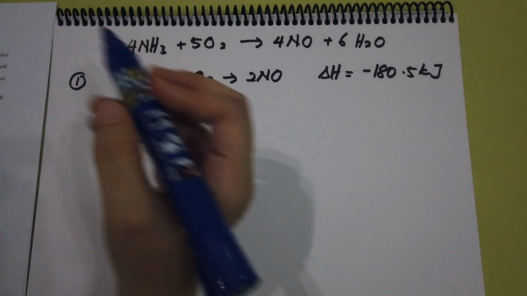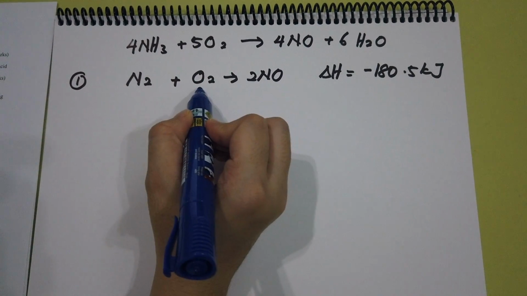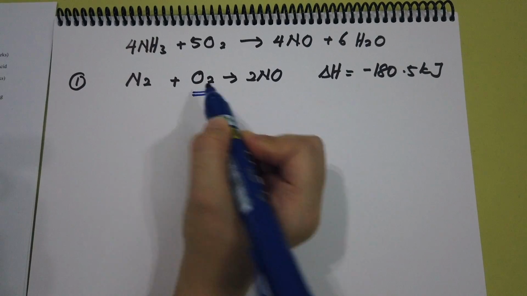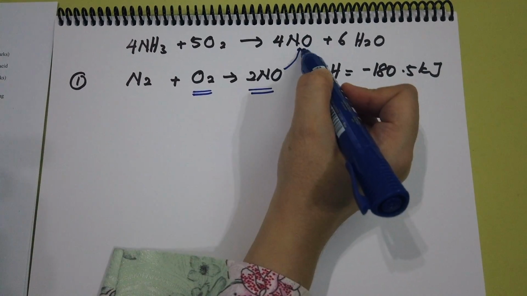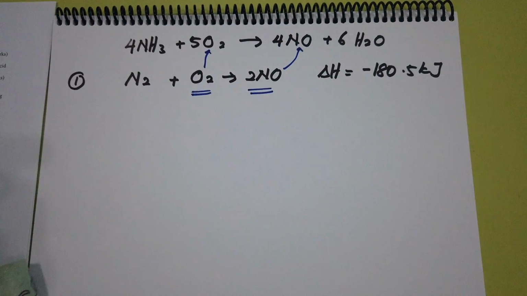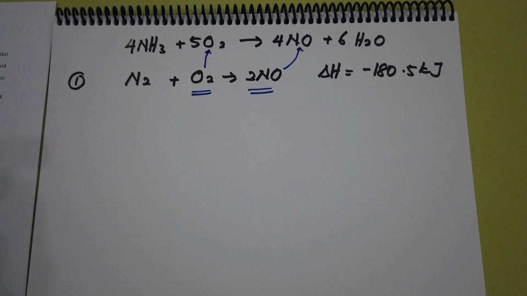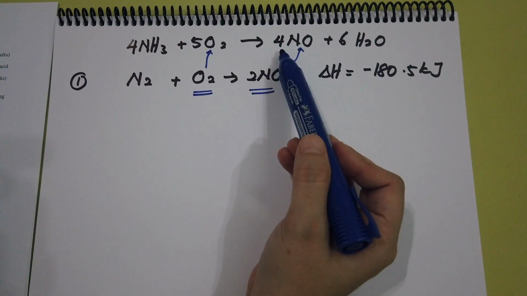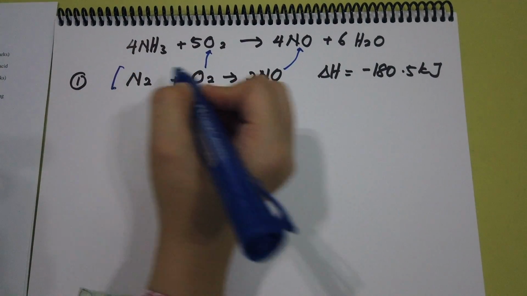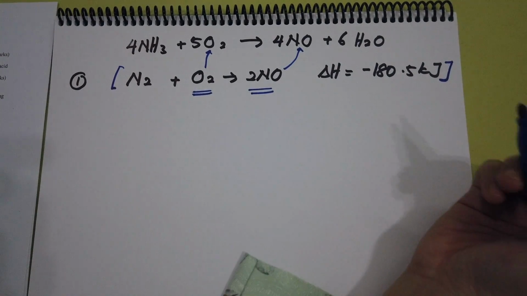What you want is oxygen and also NO. This one is the same, this one is the same as well. Which one do you think is easier for you to alter? From 2 it's easier for you to get 4, so you need to times every single thing by 2.